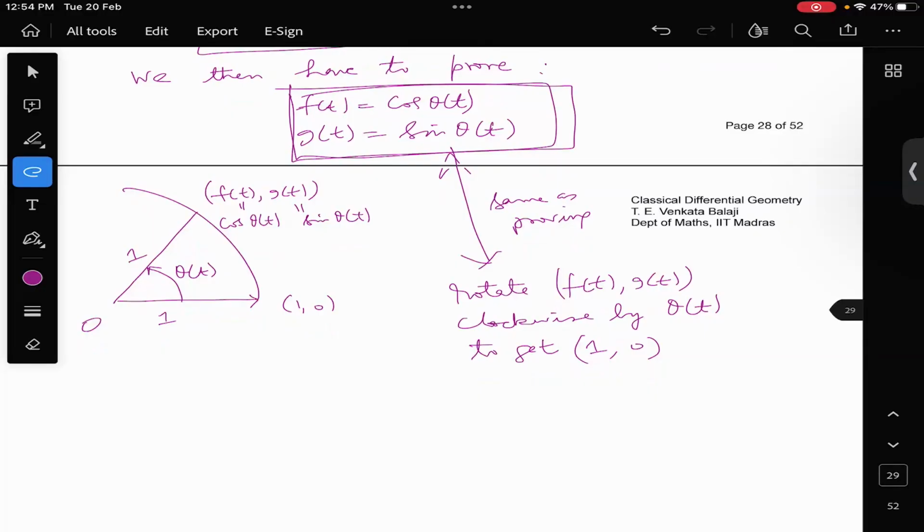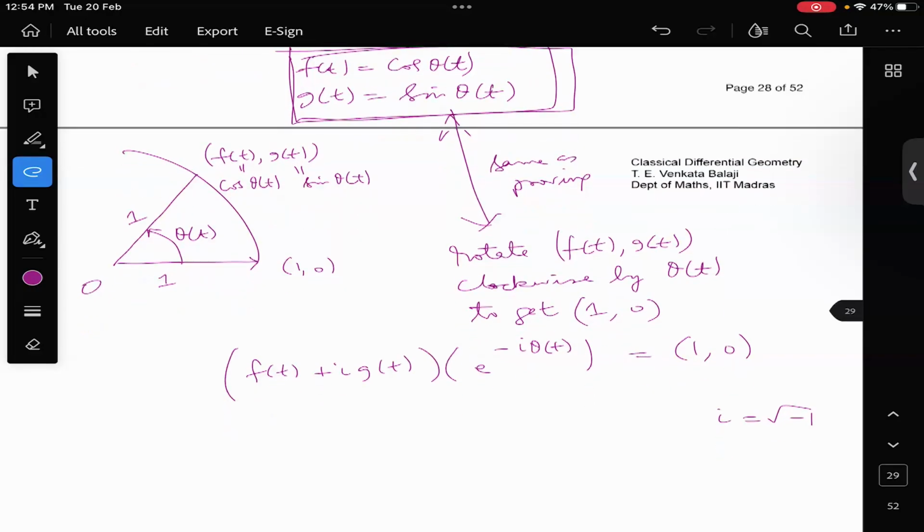So, how will I write this? I have to say you take f t plus i g t, multiplied by e power minus i theta t. This has to give 1 comma 0. So I am writing it in complex notation, where this iota is square root of minus 1, right? And now what is this?